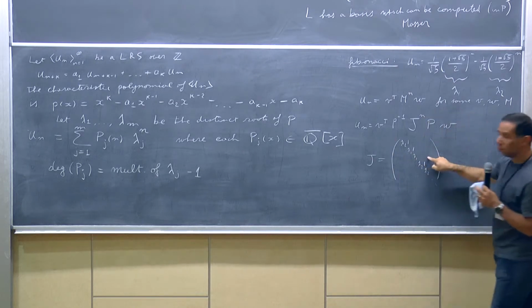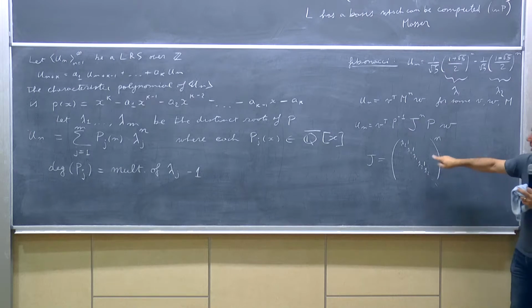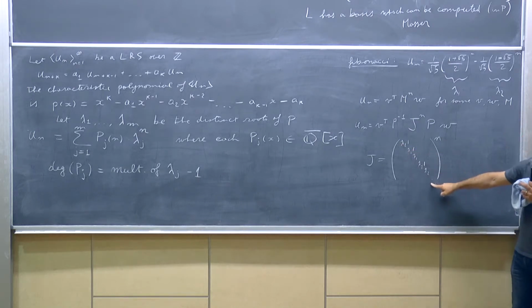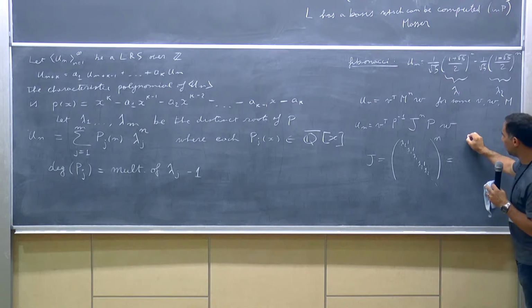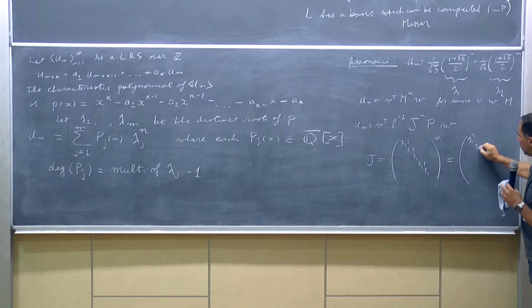If you take this Jordan matrix and raise it to the n, what happens here is very regular. On the diagonal, you're going to end up with lambda 1 to the n, lambda 1 to the n, lambda 1 to the n.